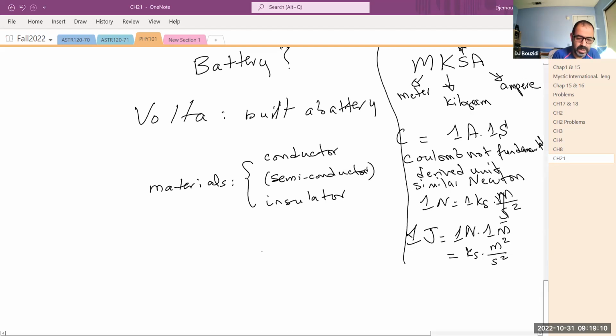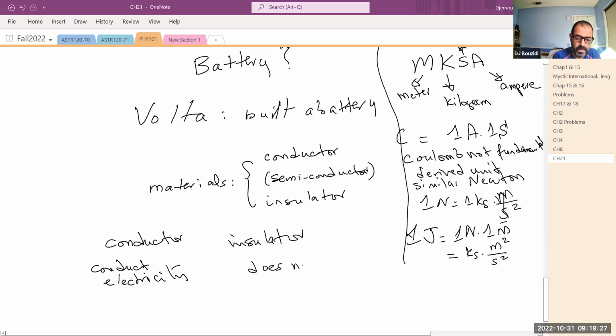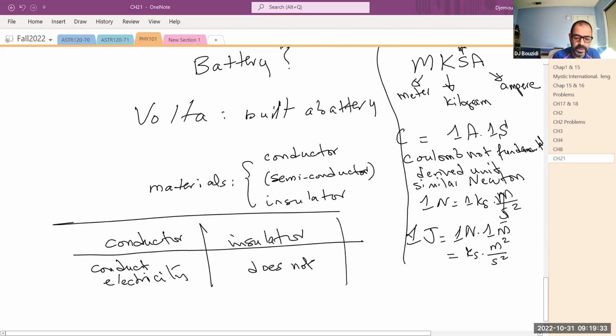Basically, what's the difference between a conductor and an insulator? A conductor conducts electricity. An insulator does not. That's in a nutshell what these two are. One of them is a conductor, the other one is an insulator.